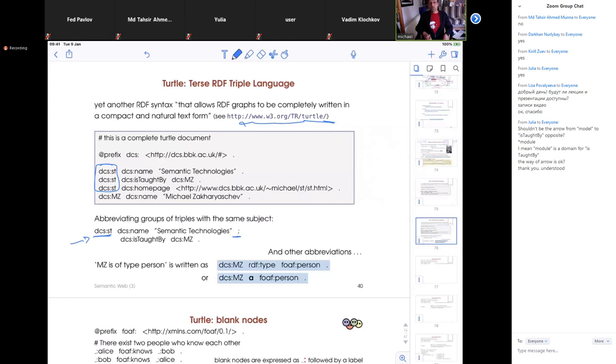Not full stop, but semi, and then I omit the subject and write only the property and an object. There are some other abbreviations, as I said. I don't know all of them myself. Another thing is, instead of rdf:type, you can simply write a. Like you read, MZ is a person.